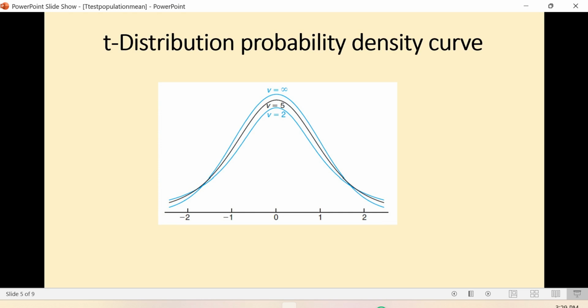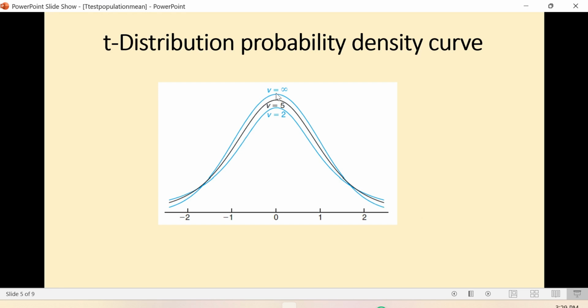If we look at these three probability density curves, each comes from the t-distribution. For small degrees of freedom, the curve is relatively flat, with longer tails on both sides.